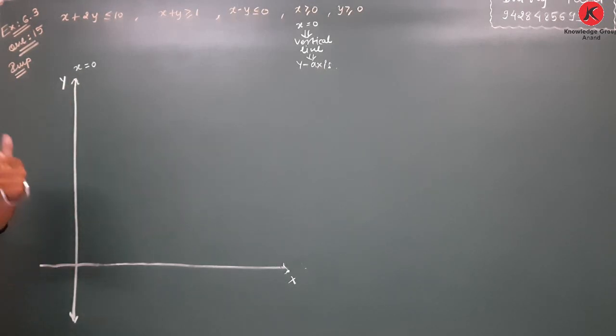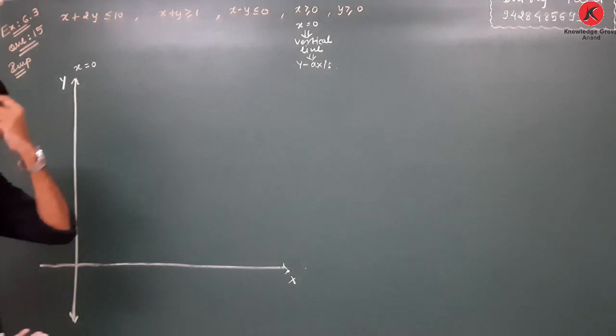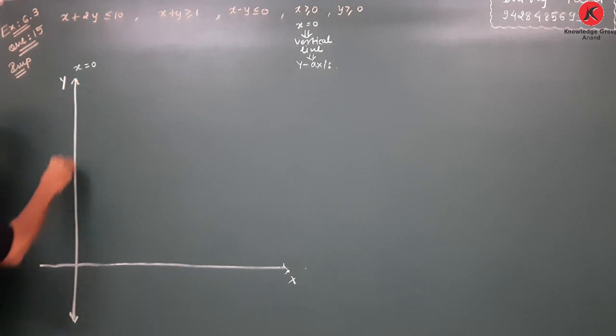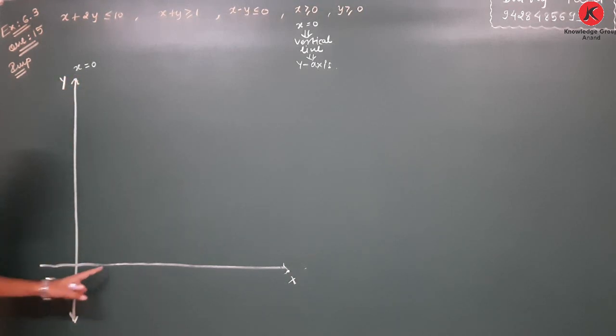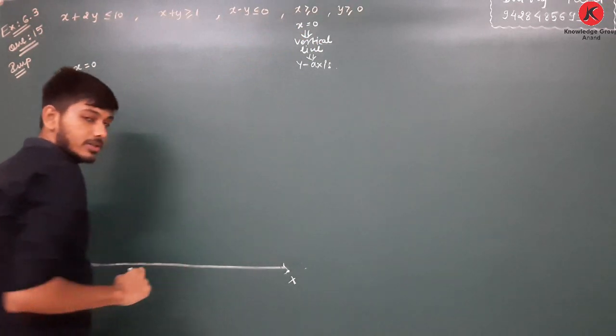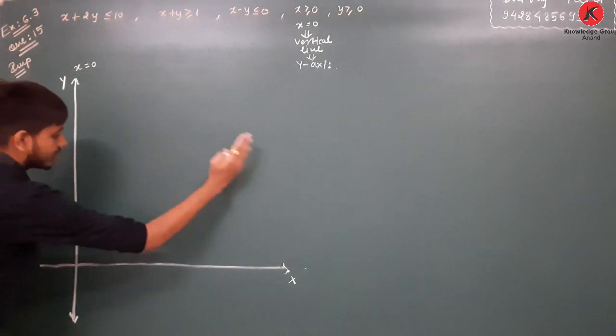Therefore, we have to take another point other than the origin, not on this line. Take a point on the x axis, 1, 0. Then 1 is greater than or equal to 0, so the inequality will satisfy this region also.